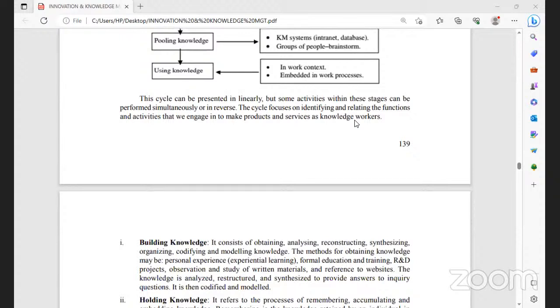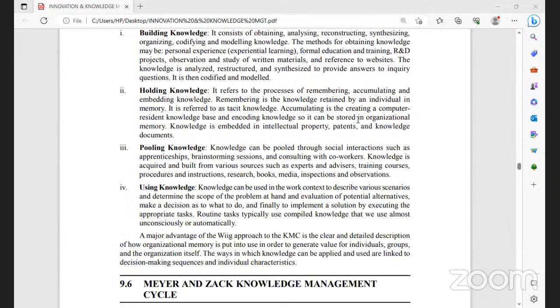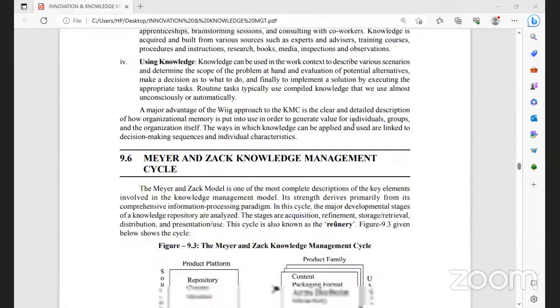The cycle focuses on identifying and relating the functions and activities that we engage in to make products and services as knowledge workers. Building knowledge, holding knowledge, pooling knowledge, using knowledge, they're all implemented in a step-by-step manner, in a linear, hierarchical manner.